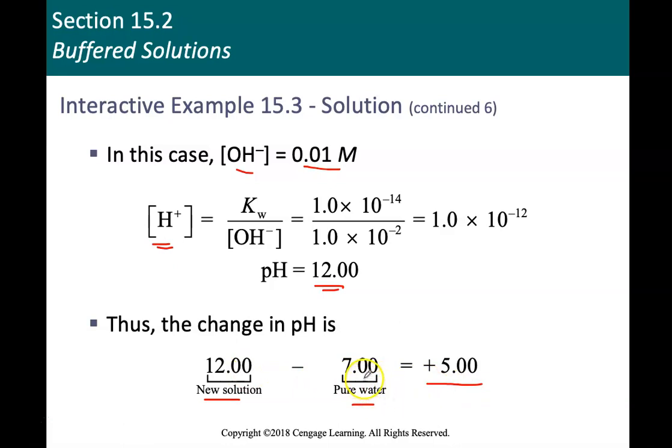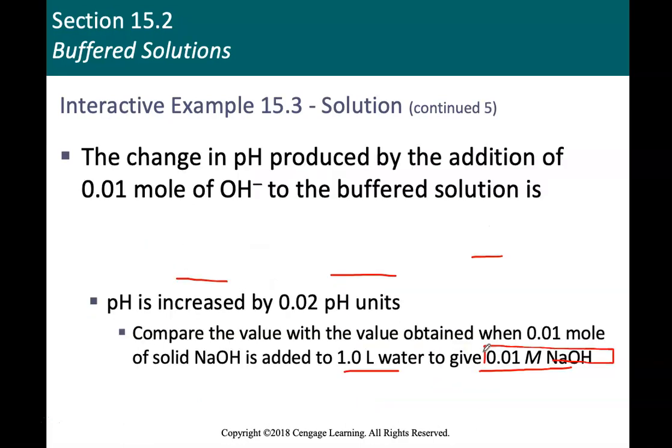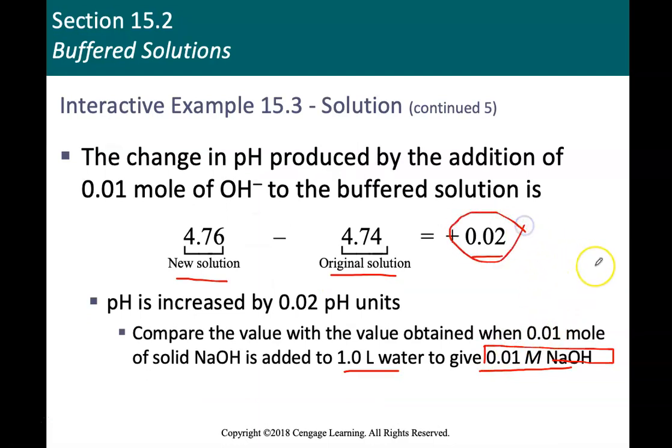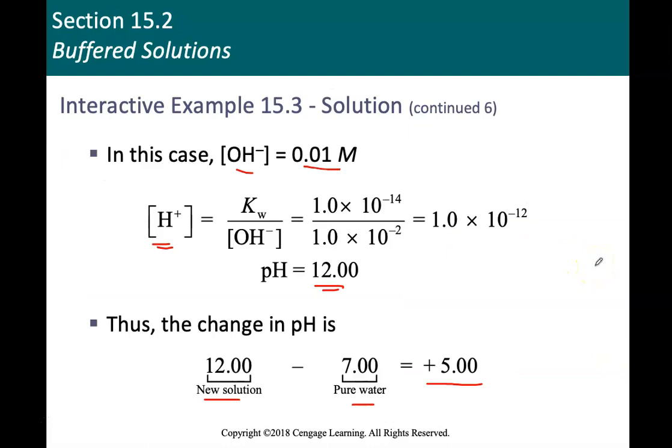Notice the difference in the changes in pH. In the previous one, it is 0.02, which is in the buffer solution. In the unbuffered solution, a change of 5 pH units. That's a big difference between the two. So you can see the role played by the buffer when a strong base or a strong acid is added.